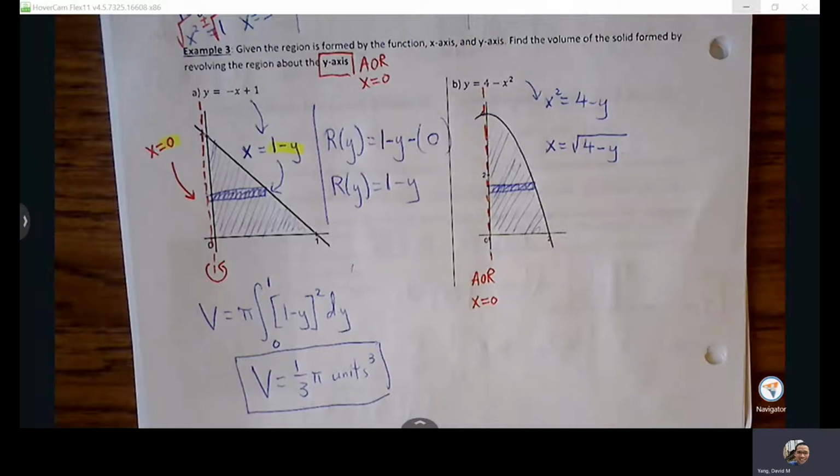Now, when you take the square roots, technically there's a plus or minus that comes out of it, but the negative square root is going to live on in the second quadrant. So what we're seeing in front of us is only the positive square root.